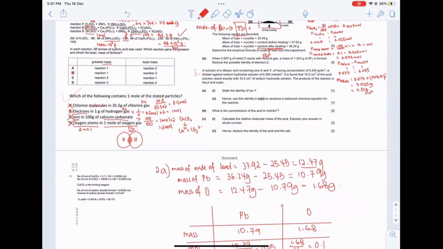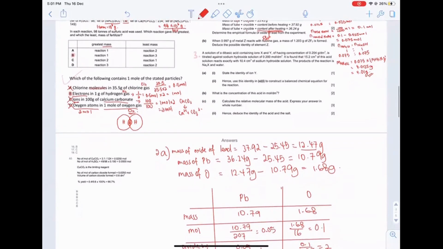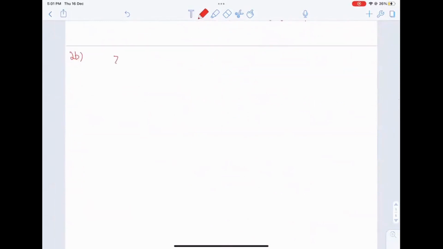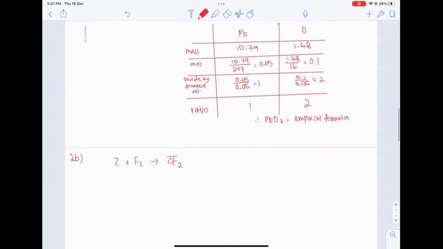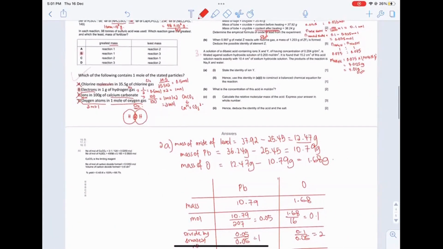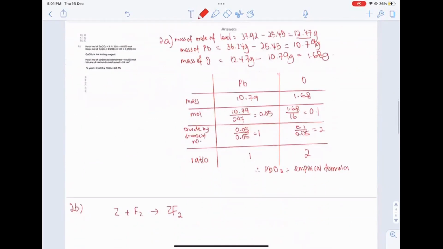For most mole questions, the first thing you do is to write out the equation. So Z reacts with fluorine to give ZF2. So Z plus fluorine give you ZF2. Then see what other information they gave us. The ZF2 is 1.203 gram.